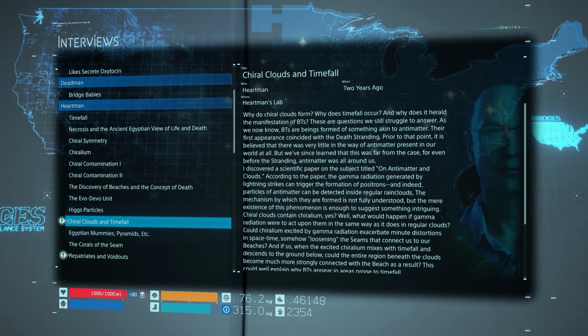Chiral clouds and timefall. Why do chiral clouds form? Why does timefall occur? And why does it herald the manifestation of BTs? These are questions we still struggle to answer. As we know, BTs are formed from something akin to antimatter. Their first appearance coincided with the Death Stranding. Prior to that point, it is believed that there was very little in the way of antimatter present in our world at all.